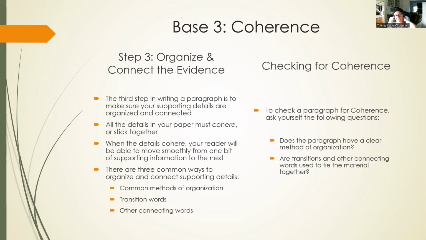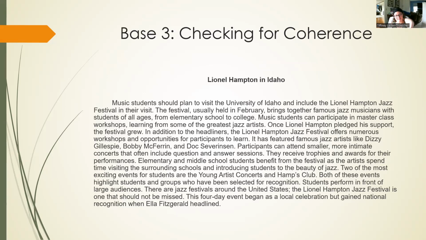All right, so we have a paragraph here. And it has unity. It has support. However, everything's out of order. They did not organize the main ideas in a logical way, nor did they organize the supporting ideas in a logical way.